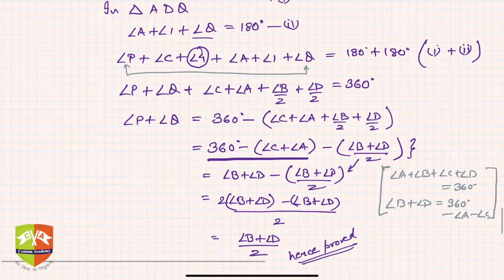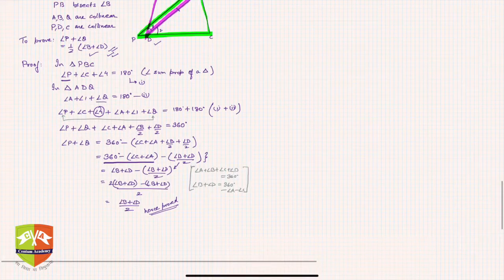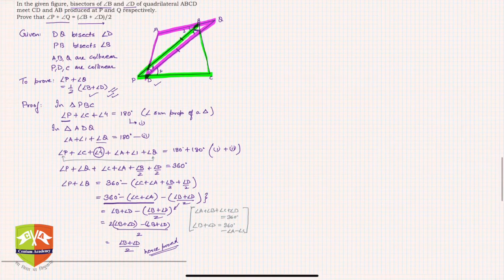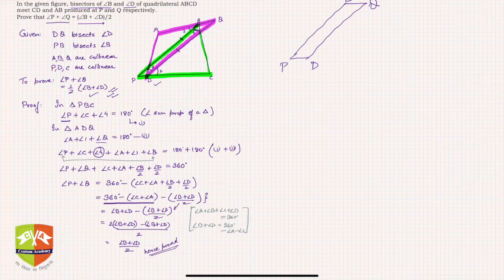So what did we learn? In this question we needed to understand that the sum of the four angles of a quadrilateral is 360 degrees, and the sum of the three angles of a triangle is 180 degrees. This is one way of proving it. You could have taken another approach by taking just the quadrilateral P, B, Q and D. The angle P plus angle Q plus angle B plus angle D would have been 360 degrees from there.